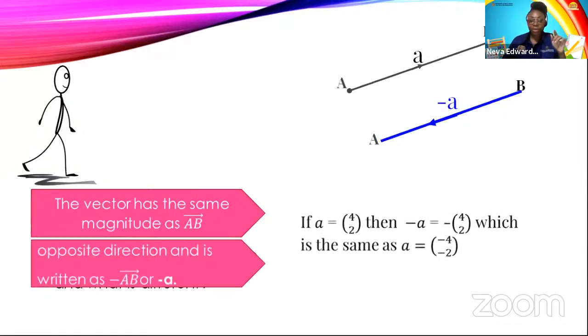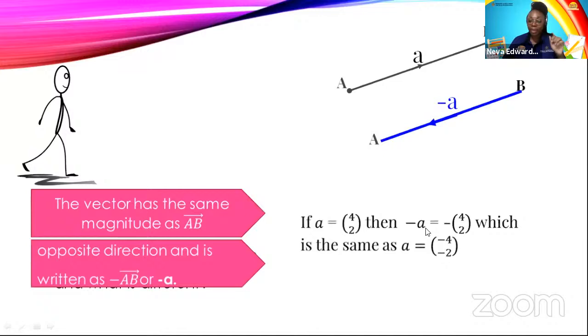Next thing. Somebody brought it out, yes, opposite direction, and we can write it like this, because someone mentioned this earlier. So yes, minus the vector, negative AB, yes, we spoke about that, or minus a. Now, what if a was actually (4, 2)?